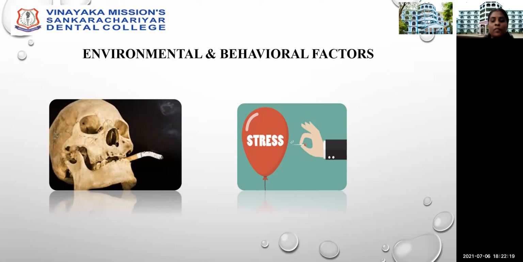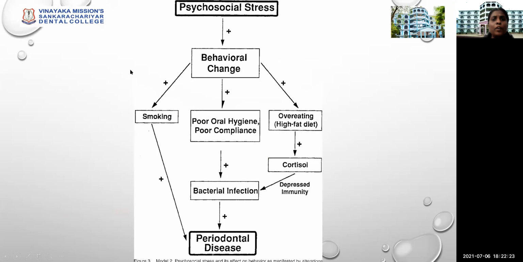Next one is stress. We'll see how these conditions affect periodontitis. Because of psychosocial stress, there is a behavior change. What does that behavior change mean? He may become a chronic smoker, or he may become an overeater. Also, he may not have good compliance with oral hygiene. That is, his maintenance of oral hygiene will be poor. That leads to bacterial infection leading to periodontal disease.